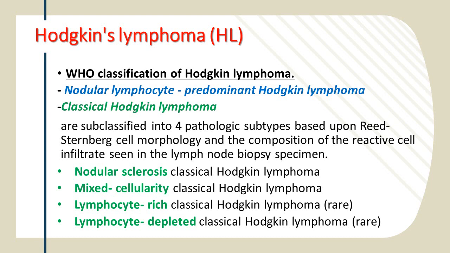These are nodular sclerosis classical Hodgkin lymphoma, mixed cellularity classical Hodgkin lymphoma, lymphocyte-rich classical Hodgkin lymphoma, as well as lymphocyte-depleted classical Hodgkin lymphoma. The last two subtypes are rare.